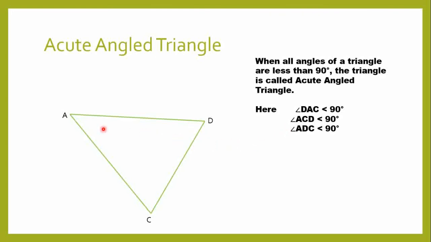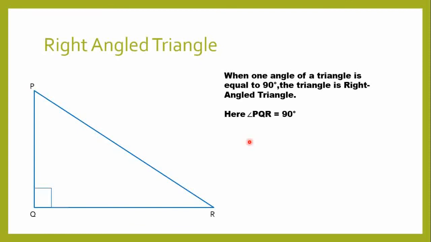For example, in this triangle ACD, angle DAC, this angle is less than 90 degrees. Angle ACD, this angle is less than 90 degrees, and angle ADC, this angle is less than 90 degrees. So all these three angles are less than 90 degrees, so this triangle will be called an acute angle triangle, right?